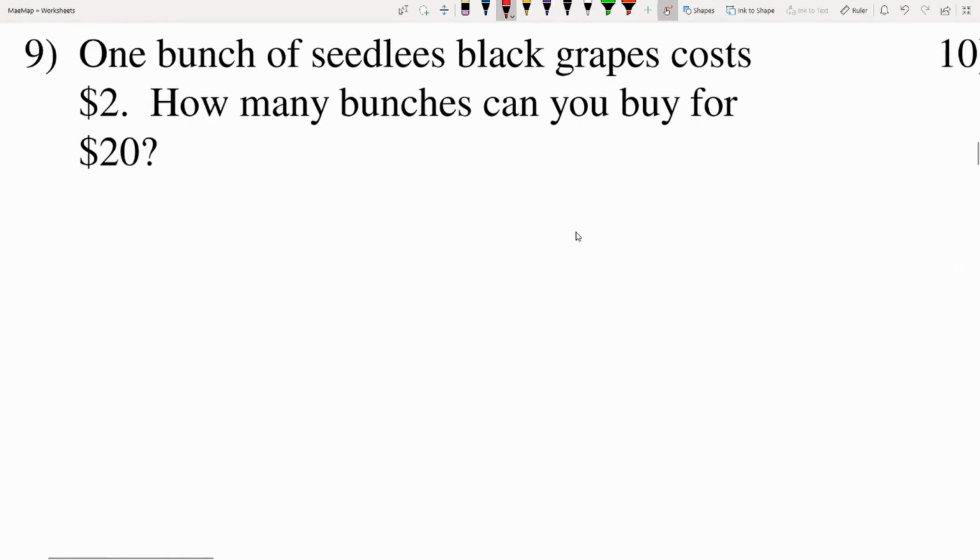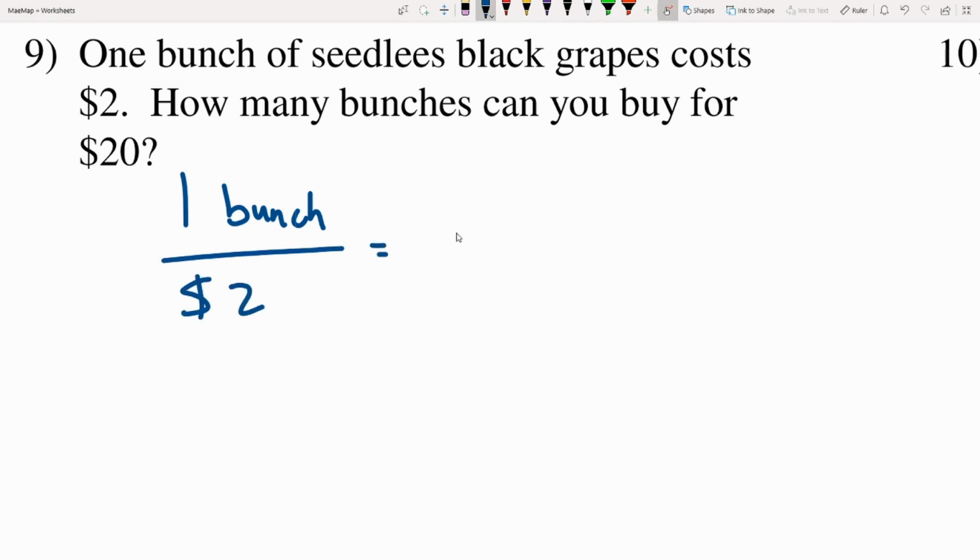For number 9, it says that 1 bunch of seedless black grapes costs $2. So 1 bunch costs us $2. How many bunches? So I'm going to say B bunches, where B is our variable. How many bunches can we buy for $20?